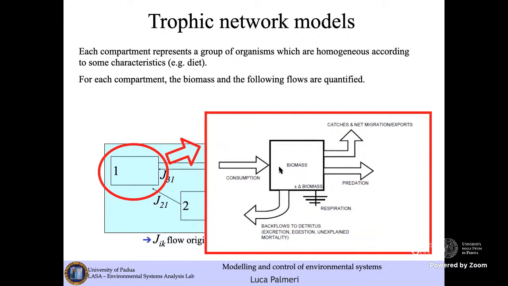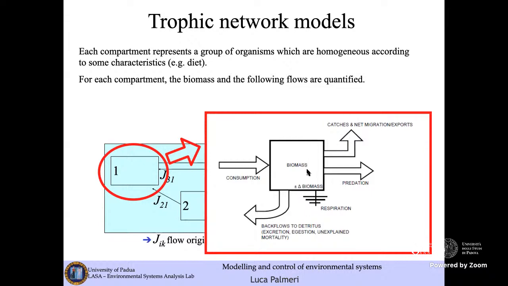So you have an inflow that is called consumption and an outflow that is called predation. I remind you that the EcoPath model was conceived for dealing with fishery systems. So one of the outflows shall also account for catches and net migration. Catches means fished organisms or organisms that are caught by higher trophic levels.